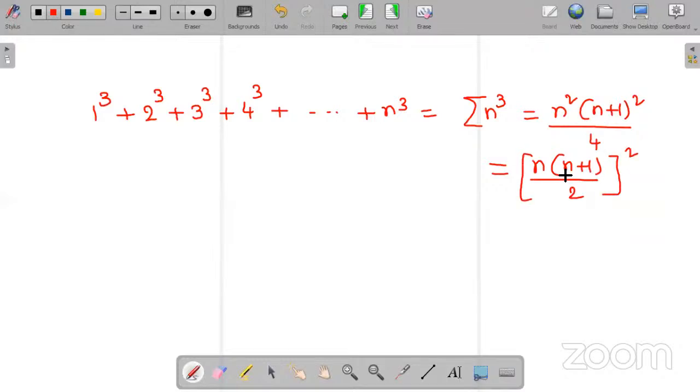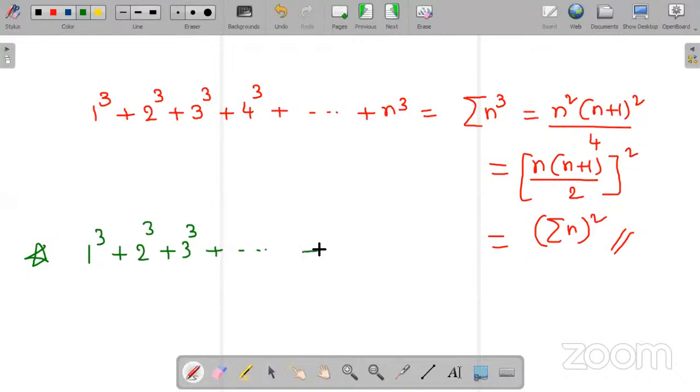Already we studied that n into n plus 1 by 2 is sigma n. So we can write sigma n whole square. That means 1 cube plus 2 cube plus 3 cube plus so on up to n cube is equal to 1 plus 2 plus 3 plus so on plus n, whole square. Already in the previous class we have discussed this concept.